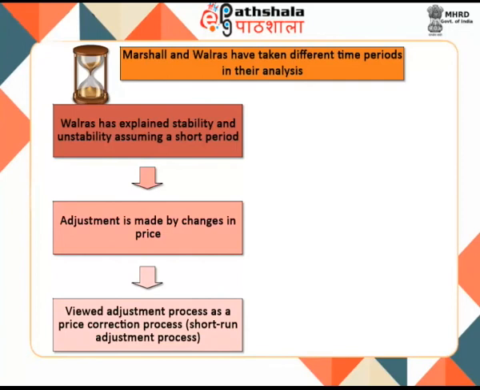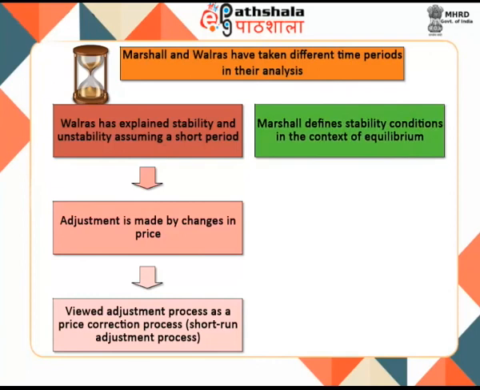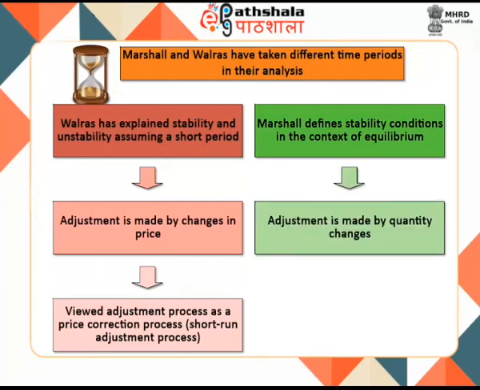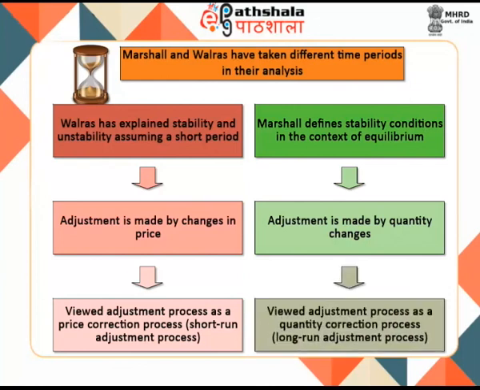Walras viewed the adjustment process as a price correction process, a short-run adjustment process. Marshall, on the other hand, defines stability conditions in the context of equilibrium in which the adjustment is made by quantity changes. Marshall viewed the adjustment process as a quantity correction process, a long-run adjustment process.